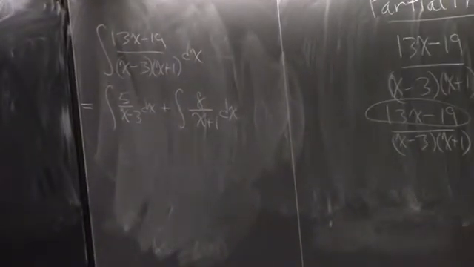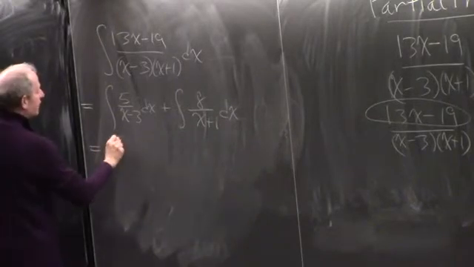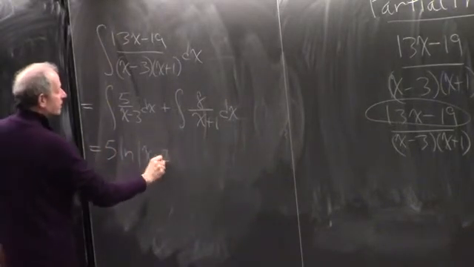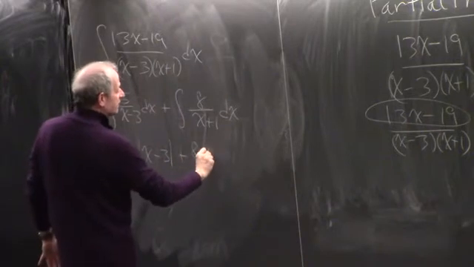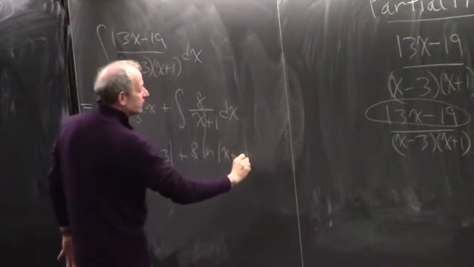Okay. Well, this integral is just 5 natural log of x minus 3, and the other one is 8 natural log of x plus 1 plus c.